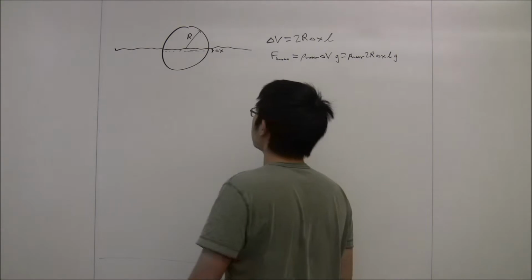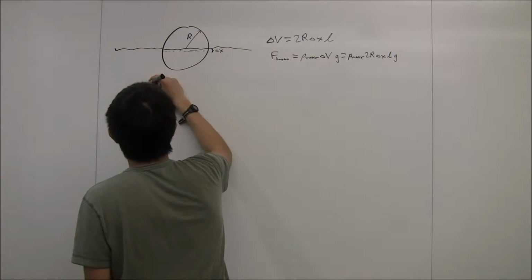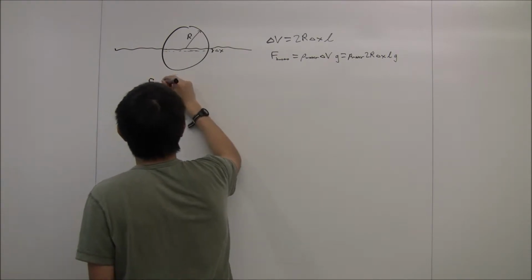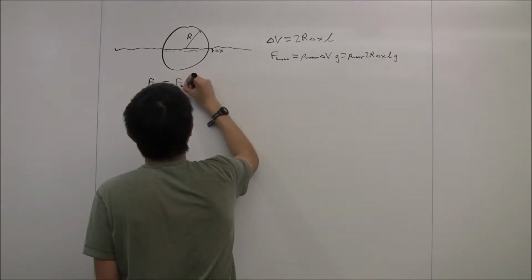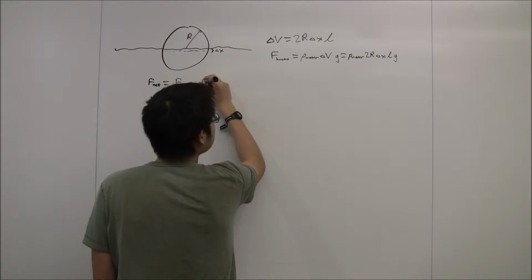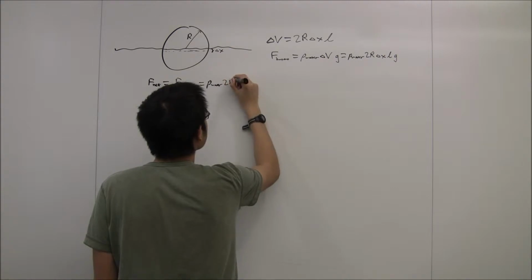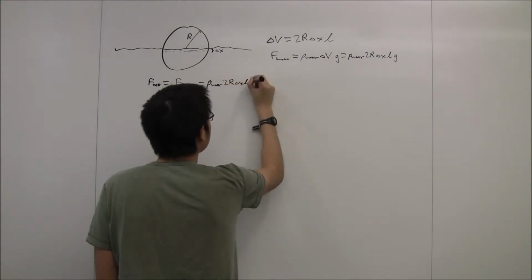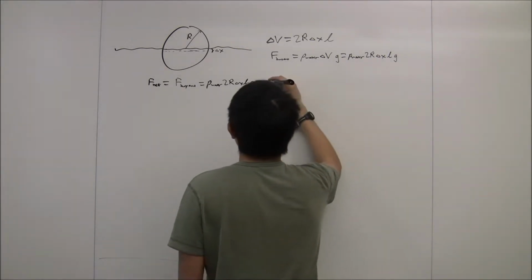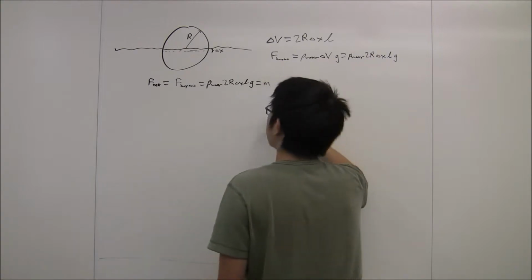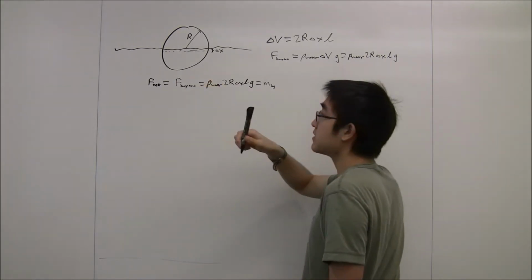Now if we use Newton's second law on the log, we get that the net force on the log, F net, that's just going to be the buoyant force, F buoyant. So we have that is equal to rho water times 2 big R delta x L G. And by Newton's second law, that is going to be equal to the total mass of the log multiplied by its acceleration.